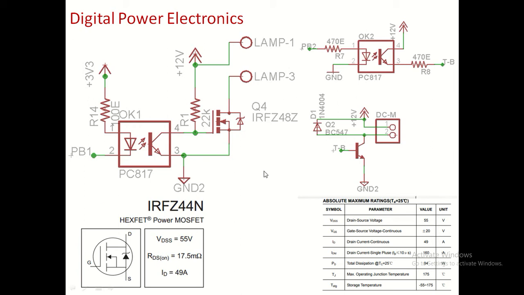You can make use of it, where, for example, the drain to source voltage of this MOSFET can withstand up to 55 volts, and similarly the gate to source voltage could be up to plus or minus 20 volts. And the amount of drain current is up to 49 amperes. In short, the total power dissipation of this MOSFET is 94 watts.